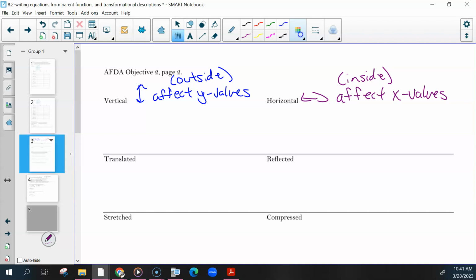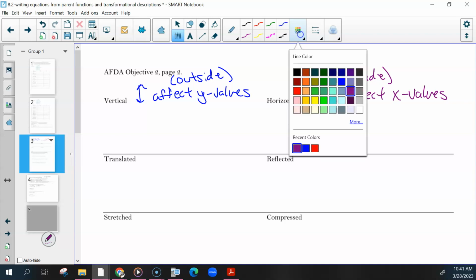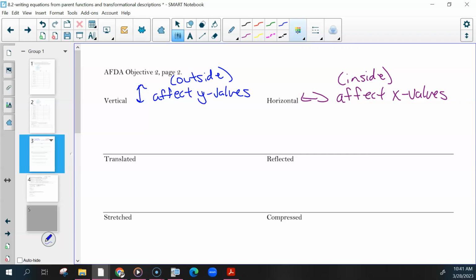So then we talked about a bunch of different transformations. We're just going to list out the different vertical and then horizontal things. So we talked about shifts. There was a vertical shift that moved up and down. There was a vertical reflection that flipped it over the x-axis, flipped it upside down.